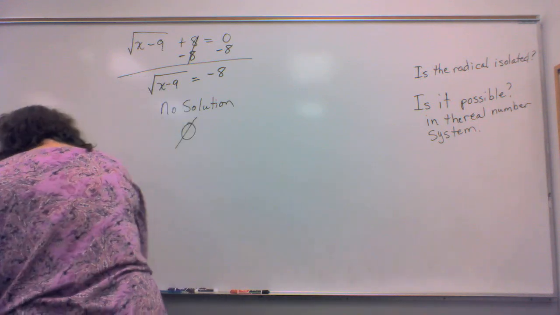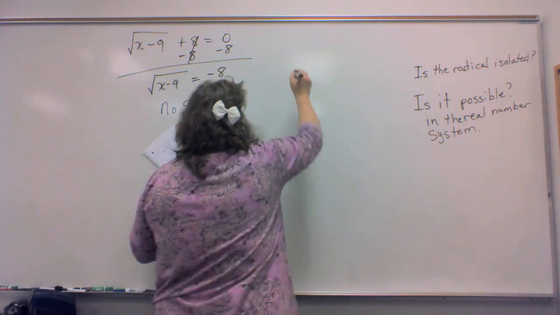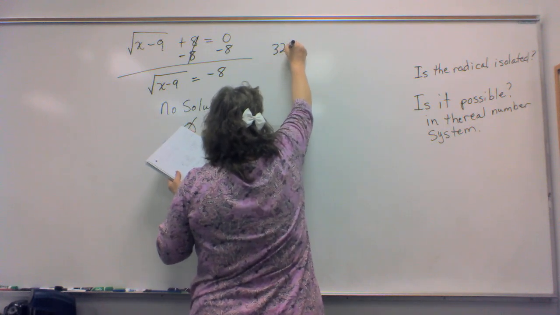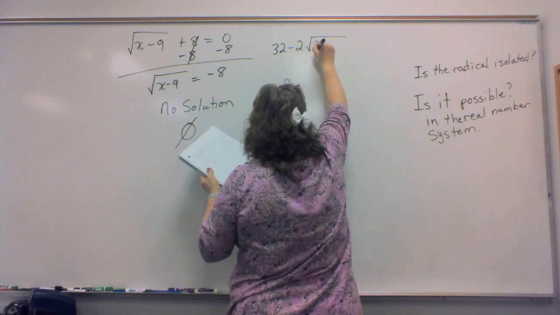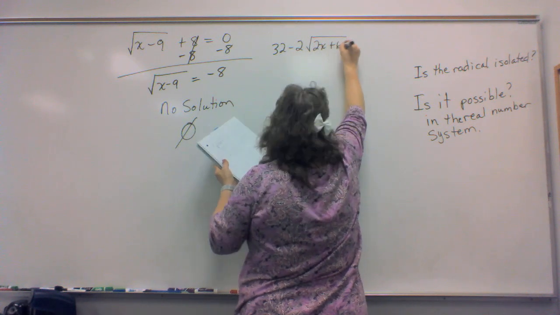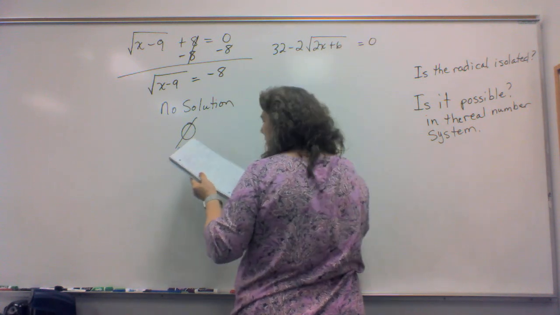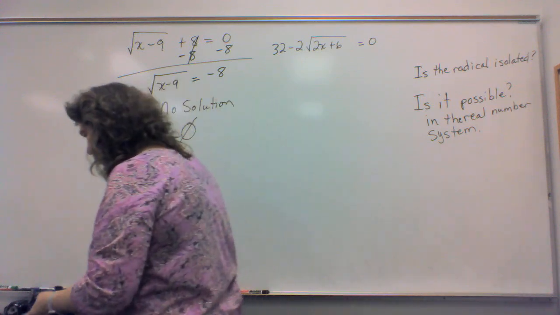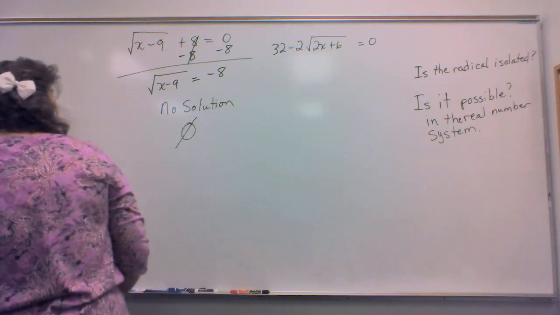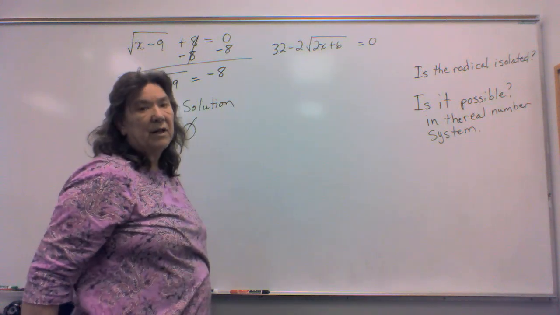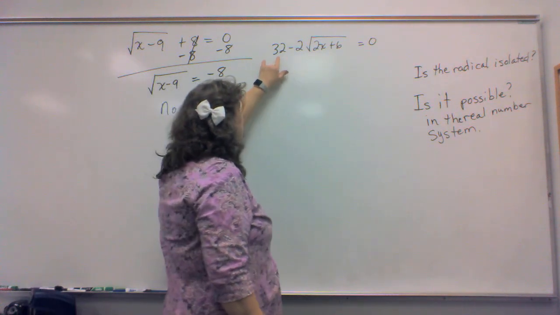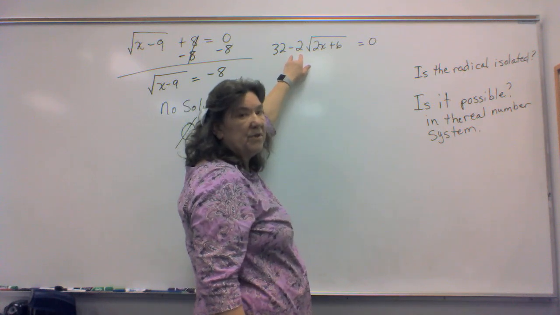Okay, let's look at another example. 32 minus 2 times the square root of 2x plus 6 equal to 0. First step, is it isolated? Well, obviously not, because I have this and this, which are both outside.